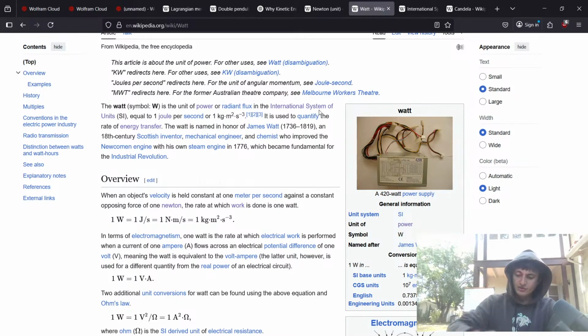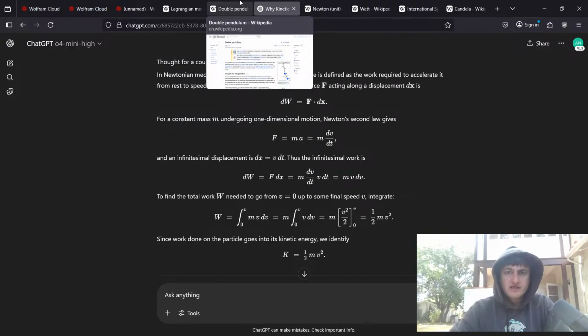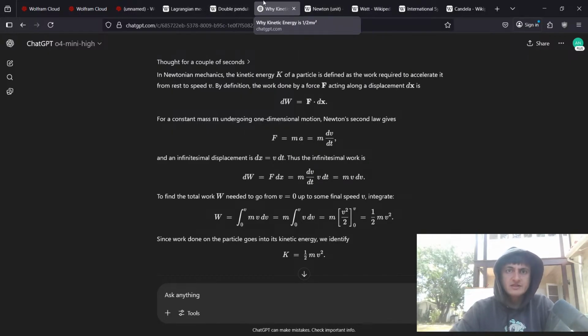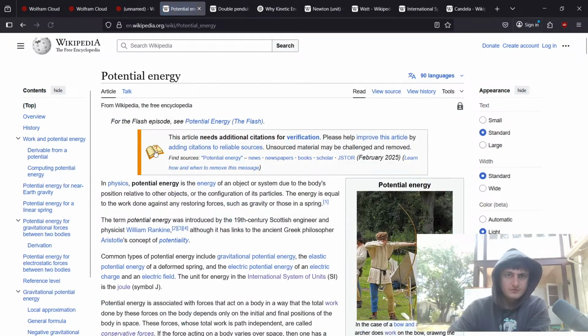Okay, so now that we've done a units thing and we've remembered what kinetic energy is, now we need to figure out what potential energy is, because potential energy is the next quantity that we need.